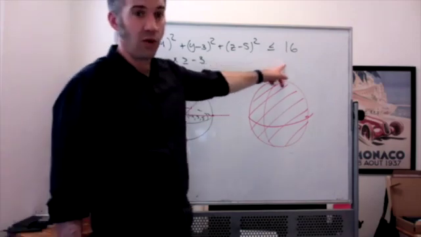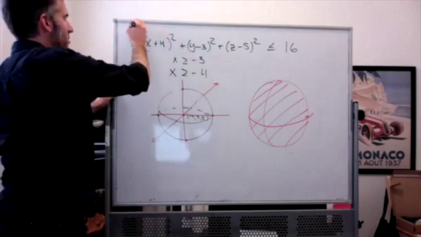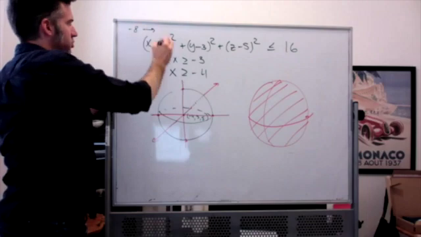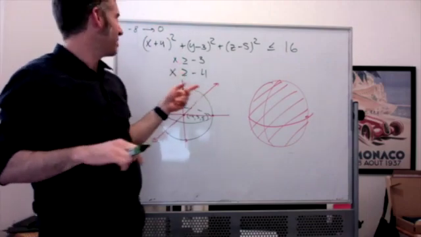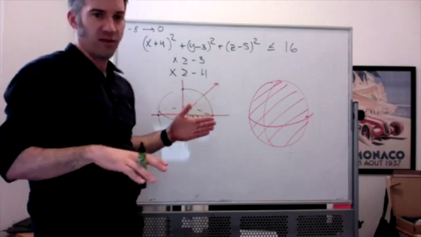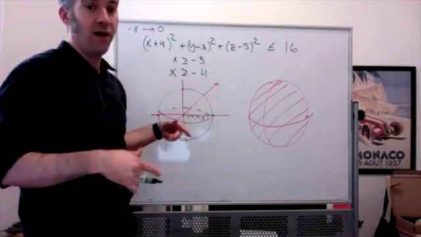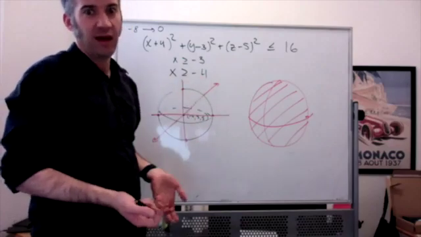The radius is 4, so x can be as small as -8 and as big as 0. But if x is -3, I have less than half of the sphere, and that's not an option here.